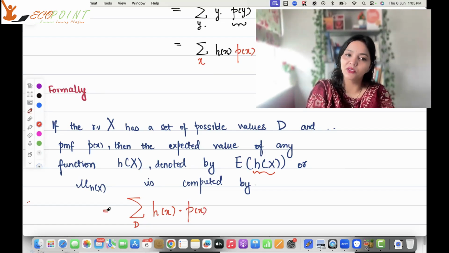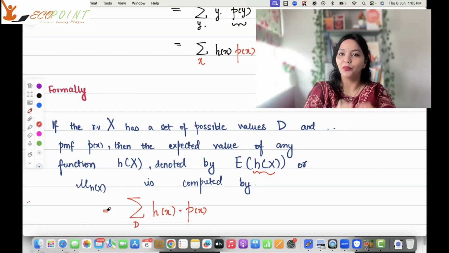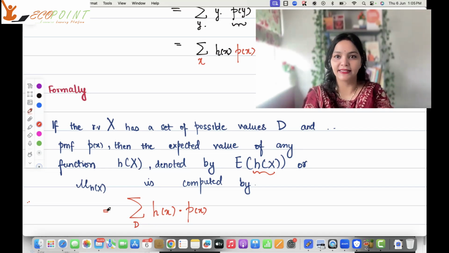It's the weighted average of your new random variable, which is the function of x, hx. The weight attached is exactly as the probabilities attached to the value that x is taking.